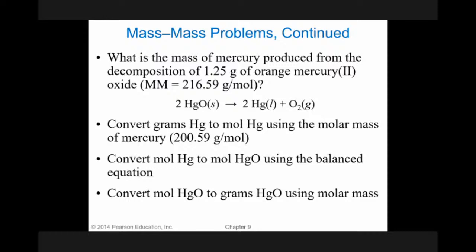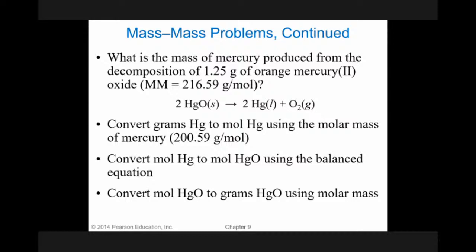All right, so convert grams of mercury oxide to mole of mercury oxide using the molar mass of mercury oxide, which is what's given to you. If you look at a periodic table, you add up the mercury plus the oxygen, right?